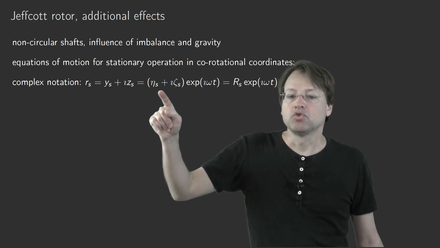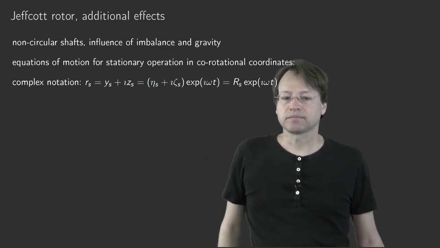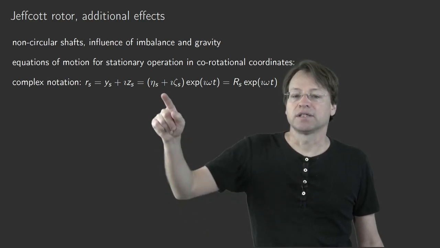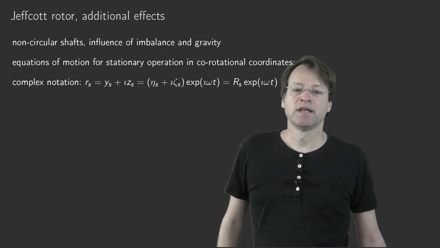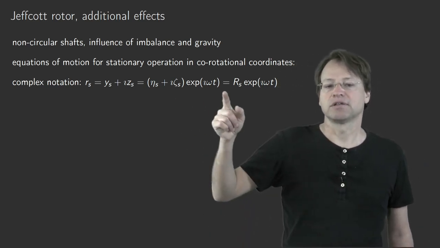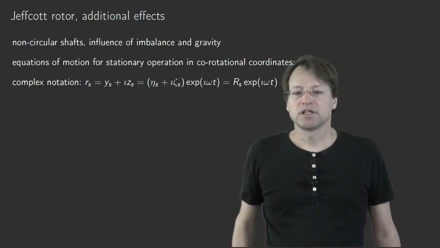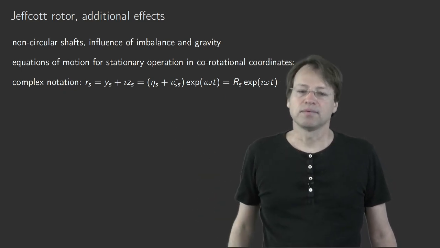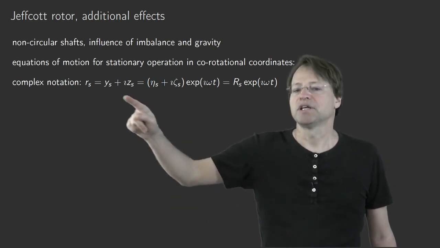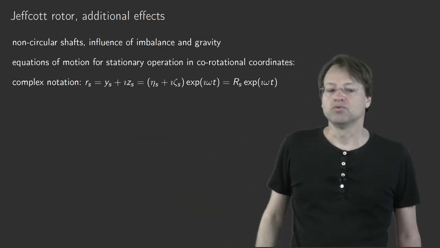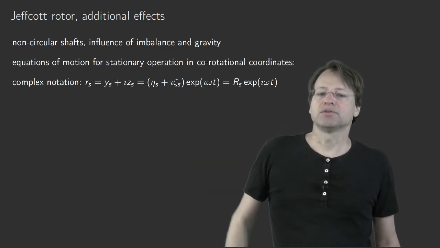When it comes to the body-fixed coordinates, the only difference between the space-fixed and the body-fixed coordinates is the factor exponential I omega t, which takes the rotation of the body-fixed coordinate system into account. Again, my two body-fixed coordinates, eta and zeta, are now assembled in a complex number, eta_S plus I zeta_S, and that complex number is then termed capital R sub S. S stands here for the center of gravity. We will also consider point W, and then we use the same notation, but the index changes from S to W. Why is it so important to have that complex notation?